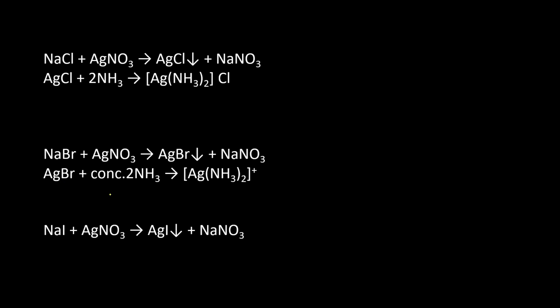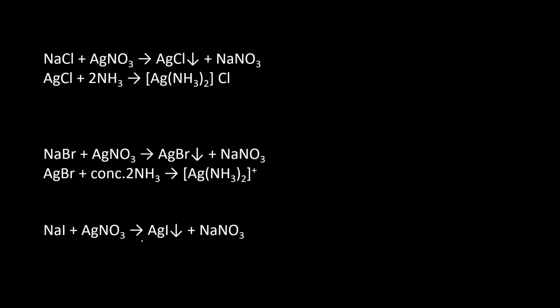So in dilute ammonia, a sufficient amount of ammonia ligand is not present to push it towards the formation of the silver amine complex. In concentrated ammonia, sufficient ammonia ligand is present, so it will push it towards the formation of the silver amine complex. Now coming to the iodide.